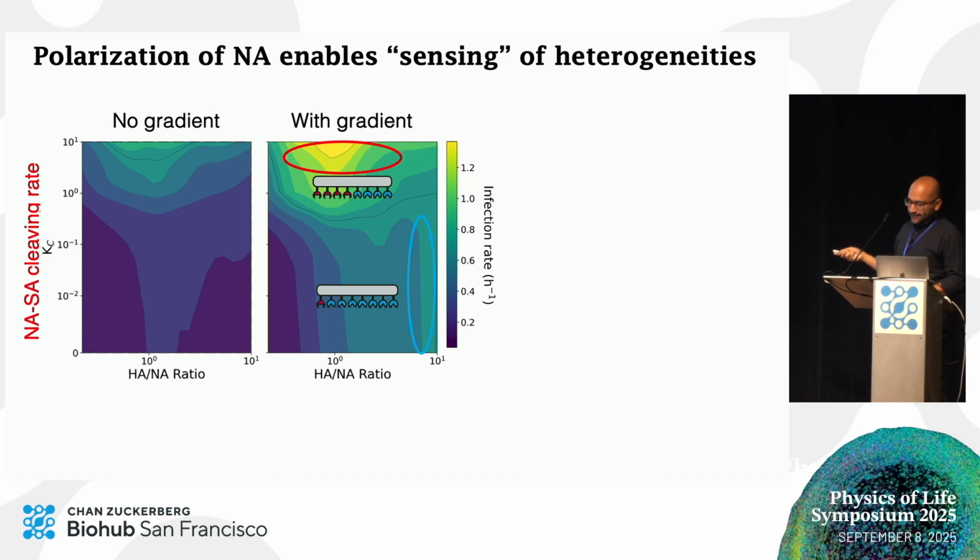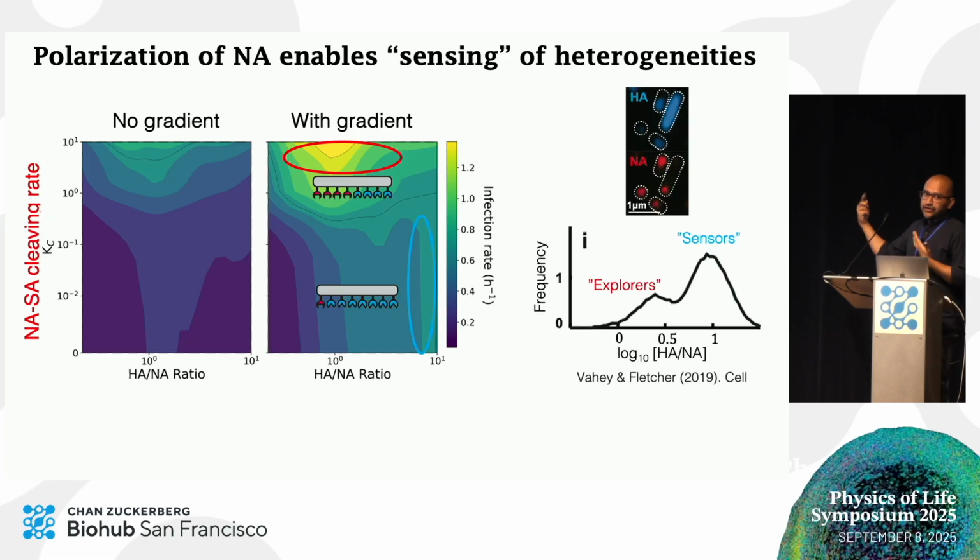But curiously, there's this other population that emerges here. That means even without any cleaving activity, without neuraminidase, you can sort of detect where there's more stuff, just by reversible binding and unbinding with receptors. And this actually mirrors the bimodal distribution seen in natural IAV populations in experiments.